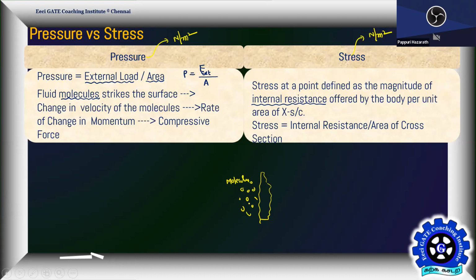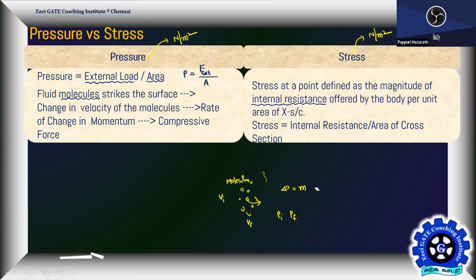When these molecules strike the surface, the velocity of the molecules changes, from V1 to V final like that. So the velocity of the molecules will definitely change because these molecules strike the surface. Due to change in velocity, change in momentum comes into the picture, m into delta V. Correct?